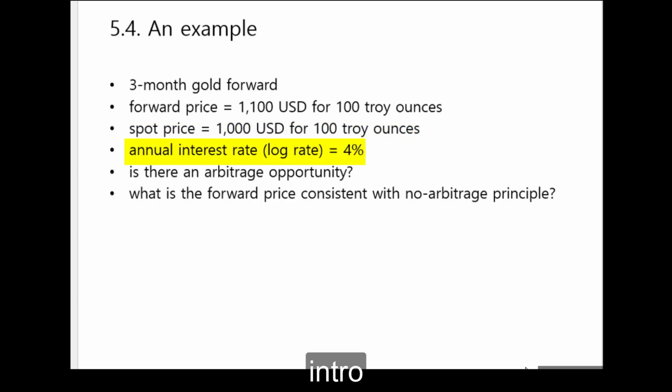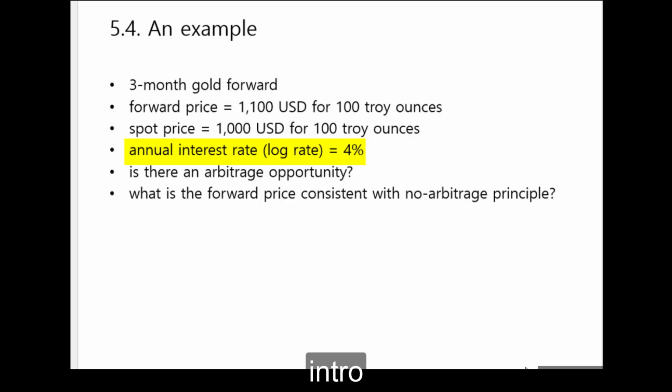And let's say the annual interest rate expressed in log is 4%. So what's the interest rate for 3 months then? Simple interest rate for 3 months. Log rate will be 1% for 3 months, and the simple rate will be how much? Again, how do you get to simple rate from log rate? Exponential.